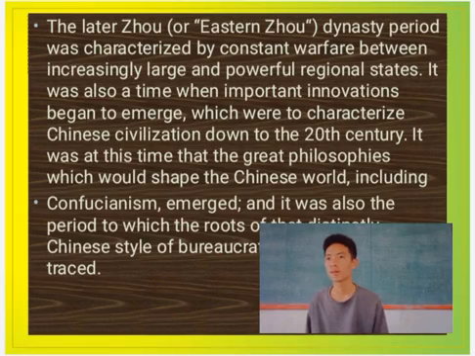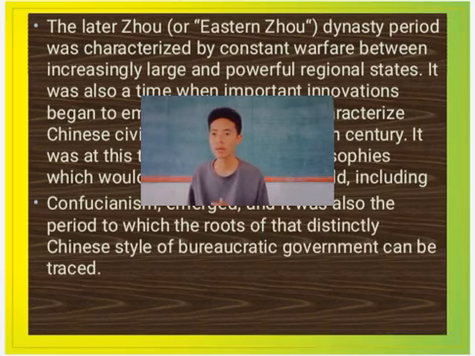It was the time of the great philosophies which would shape the Chinese world. By the end of the 5th century, the feudal system was consolidated into seven prominent and powerful states: the Han, Wei, Zhao, Yan, Chu, Qi, and Qin.